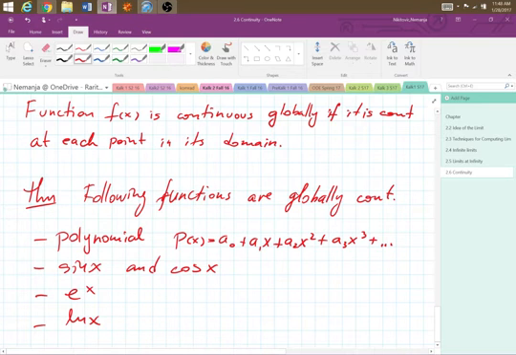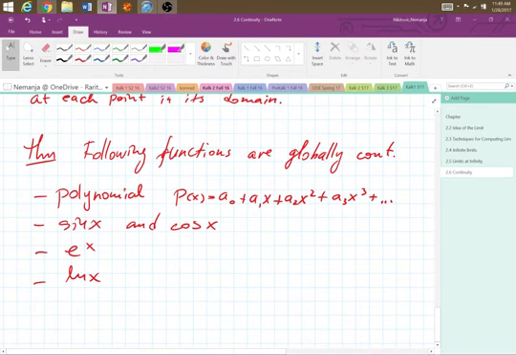The word globally patches that. You don't say it's discontinuous because it doesn't have anything left of 0. No. Its realm of existence is 0 to infinity, and it doesn't have interruptions for its lifespan.